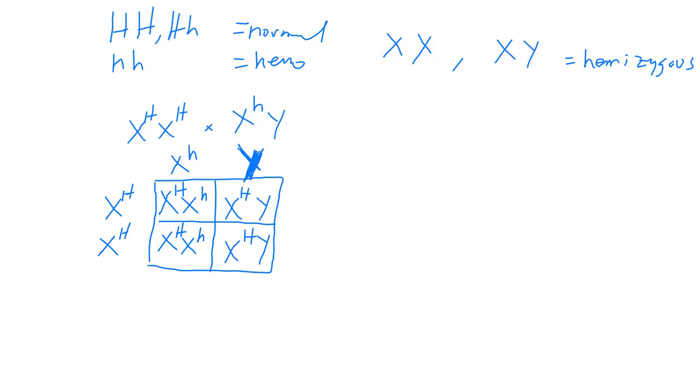The symbol for females is this, and the symbol for males is that, right? So that's how we write the symbols for male and female. So for the females, right, that's the only genotype for the females. And for the males, only one genotype for the males, right?